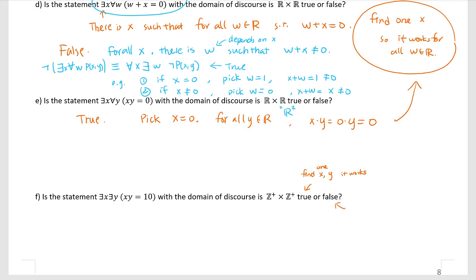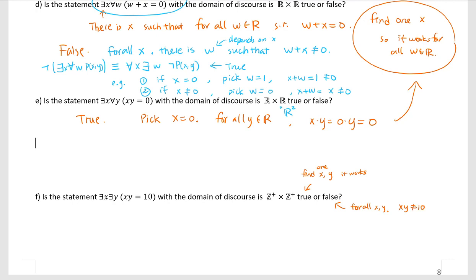And if we want to show it's false, because this is an existential quantifier, we have to show that no one works. Which means for all x and y, we need to show xy cannot be 10.